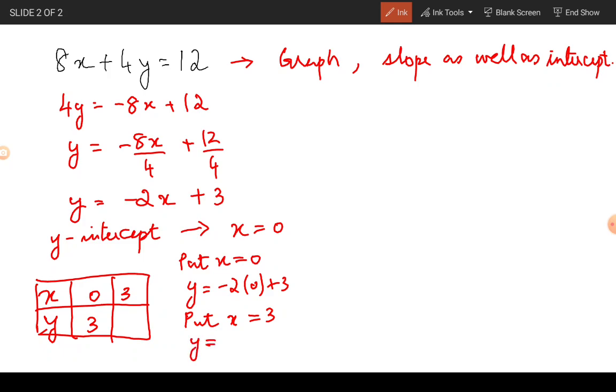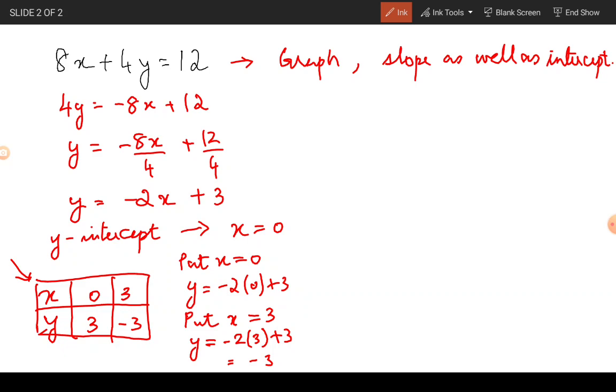So if the value of x is 3, what will be the value of y? It will be minus 2 times 3 plus 3, which is minus 6 plus 3, which is equal to minus 3. So over here, this table gives me coordinates for 2 points. One is (0, 3), the other is (3, -3).